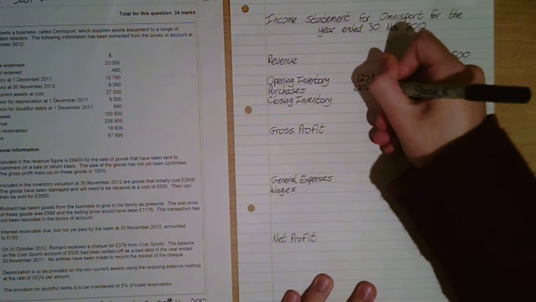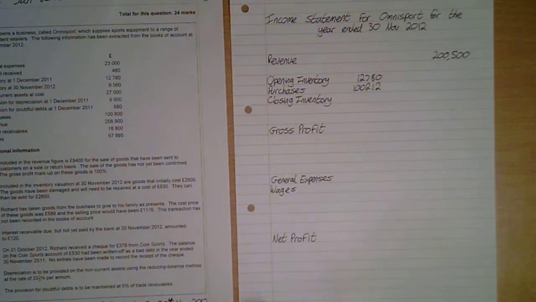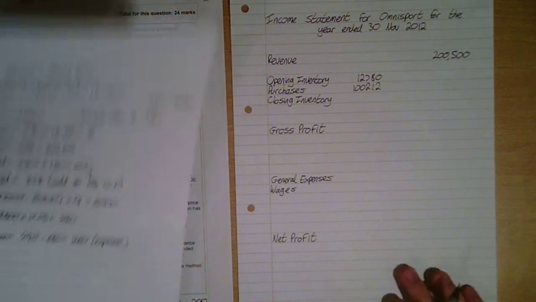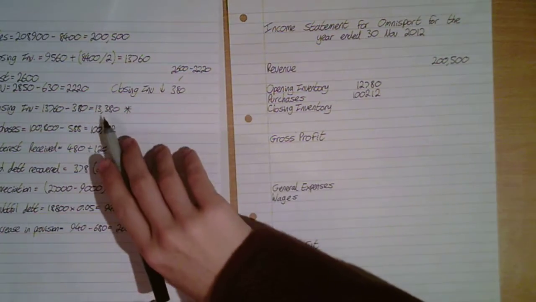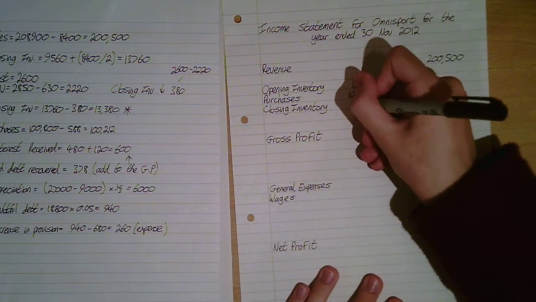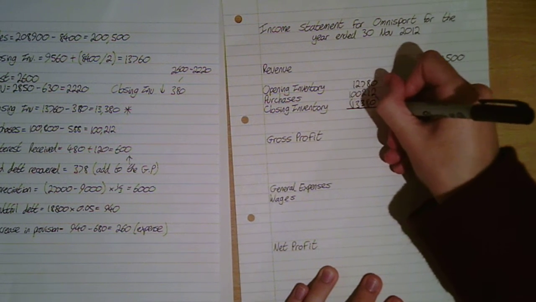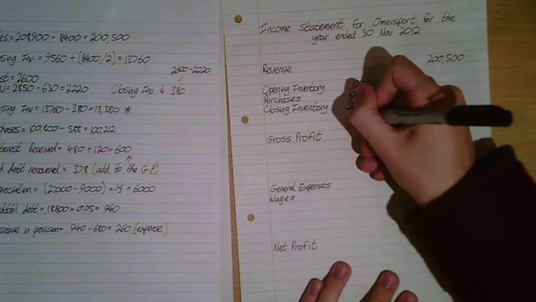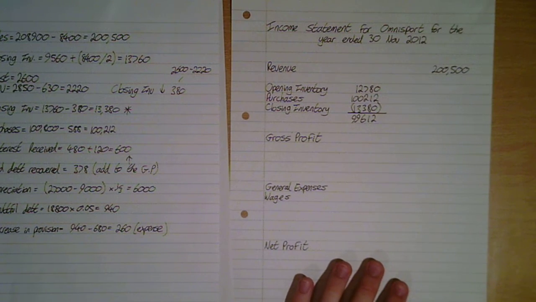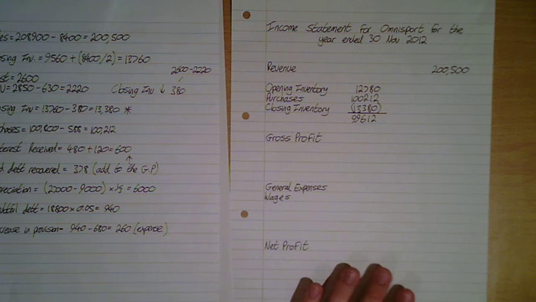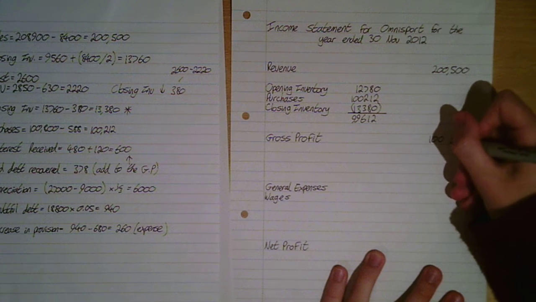So as you see, it's just lifting the figures from the information they give you and the figures you've calculated yourself, so it's not really challenging or problem solving in any way. 13,380. Don't forget to take that away from your cost of sales, don't add it. Many times I've made that mistake. 99,612. Brilliant. Okay, so we can calculate our gross profit upon that.